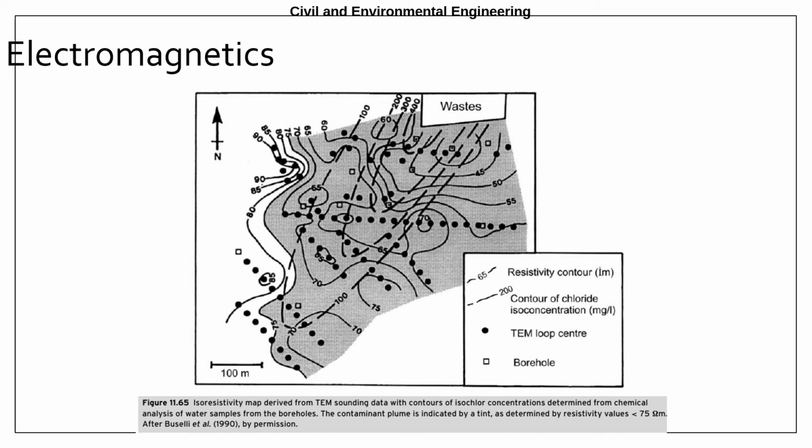When you have a low concentration of isochlorides, you have relatively low conductivity, which equates to relatively high resistivity. So the area with low isochloride concentration is coinciding with an area of high resistivity from the EM survey.